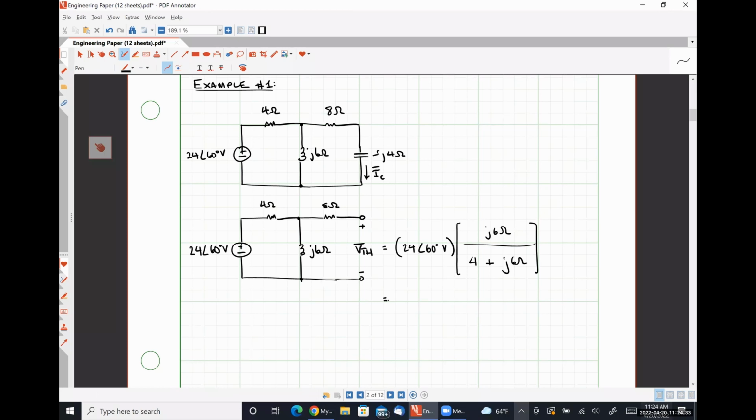So I'm going to throw it into my calculator: 24 angle 60 times 6i over 4 plus 6i. And I get 19.969 angle 93.690 degrees.